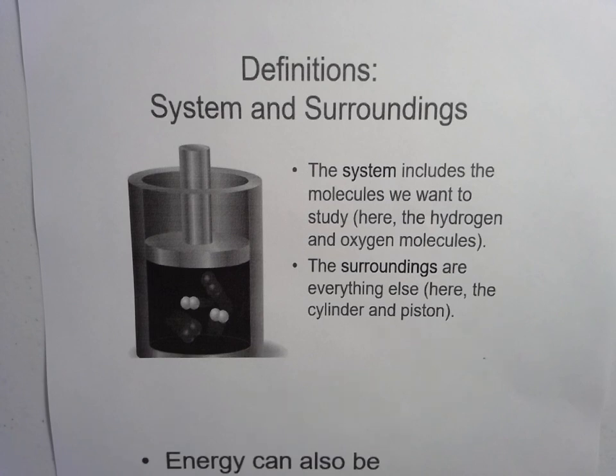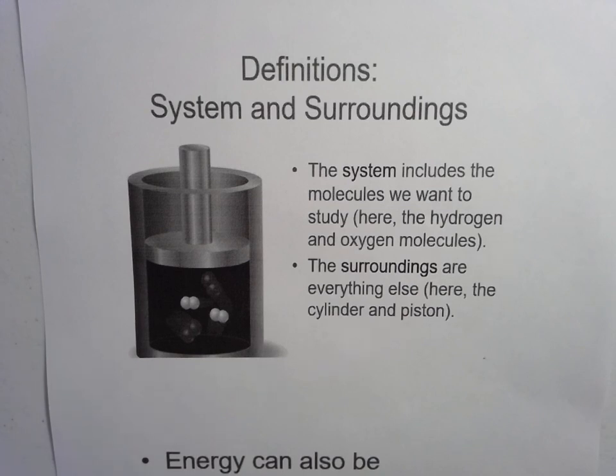If you're studying a collection of hydrogen molecules, that would be your system, and every other atom in the universe would be your surroundings. The easy way to remember this is the system is whatever you're studying or analyzing in the problem, and everything left over, the entire rest of the universe, is counted as the surroundings.